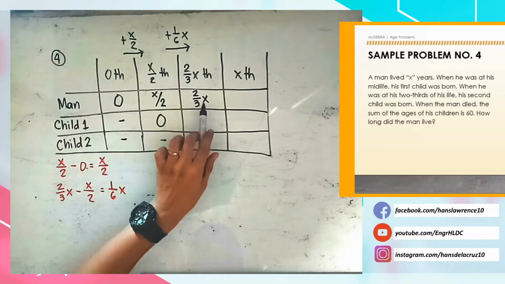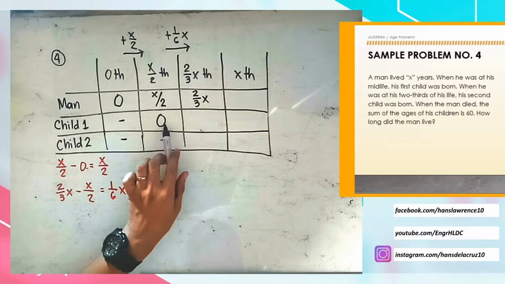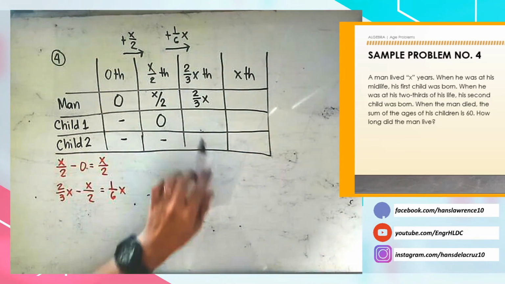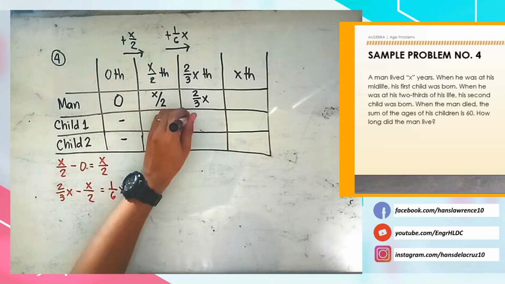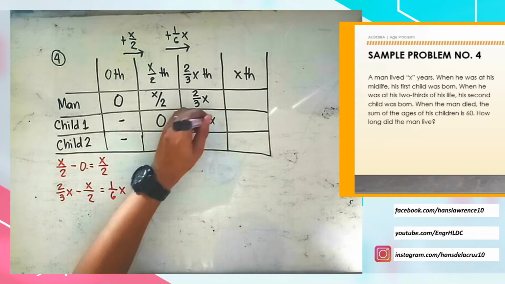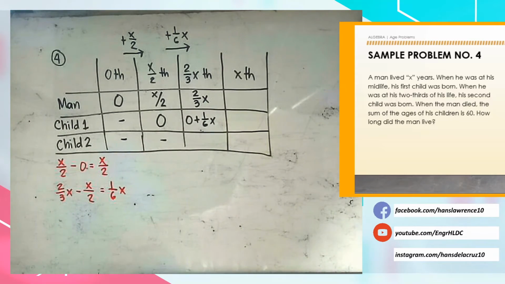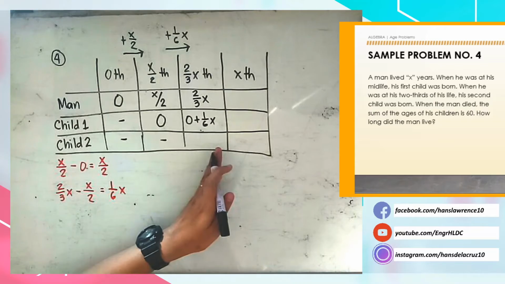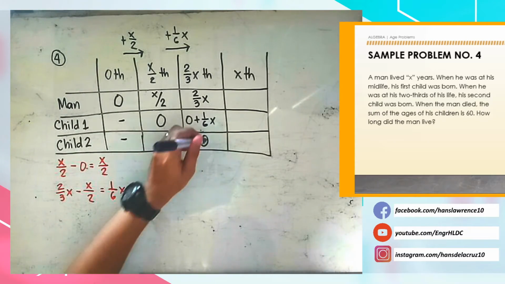So ngayon, kung magpo-proceed ako sa edad ni child 1, so syempre 0-year-old siya dito, so plus 1/6 of x years, so ilang taon na siya dito? Di that is 0 plus 1/6 of x years old na siya. Okay? And then si child 2, sabi, ito daw yung time kung saan pinanganak siya. So therefore, ang age niya dito is 0.